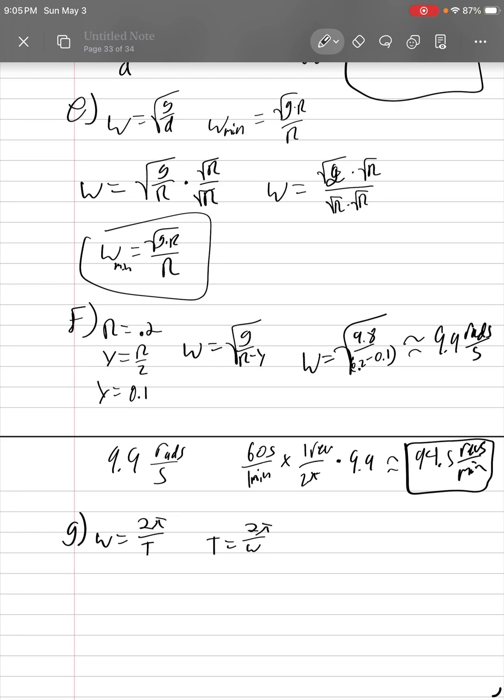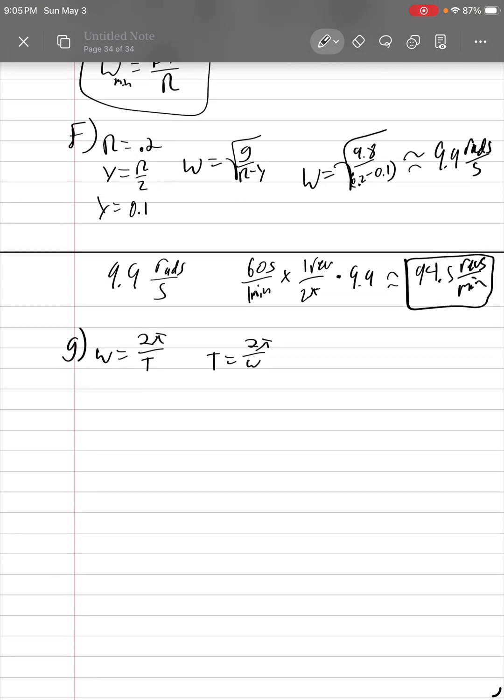And so we can just substitute omega with what we found before. So we're going to have t is equal to 2 pi over the square root of g over d, which we found in previous parts. And so we're going to have t is equal to 2 pi times the square root of d over g. So that's for the period.